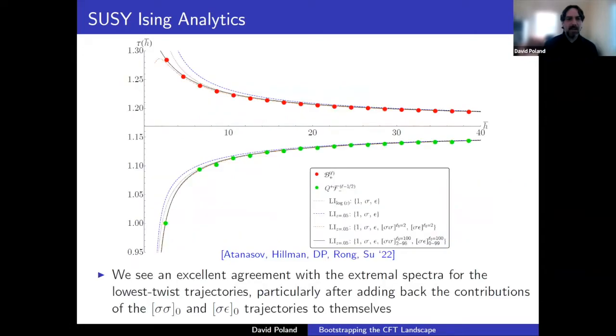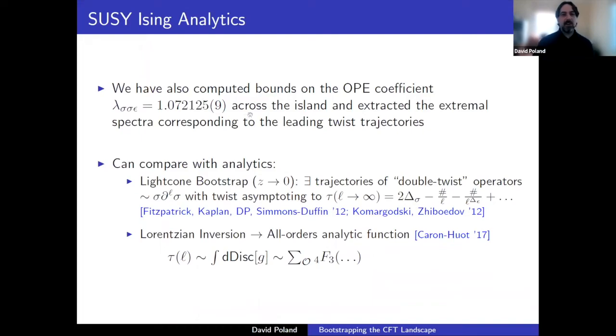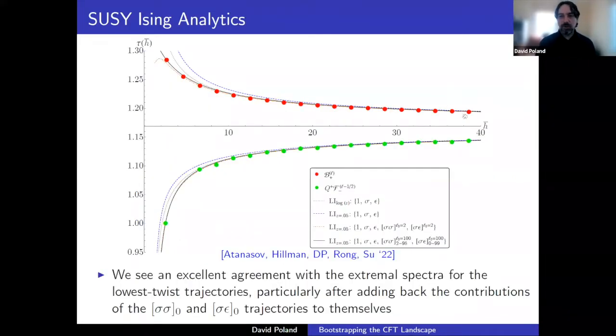Just to show you that these methods work, here we used a numerical bootstrap method called the extremal functional or extremal spectrum approach, where we maximize this OPE coefficient, and right at its maximum value, there's a unique solution to crossing symmetry that you can reconstruct, and that's what's shown in these red dots and green dots.